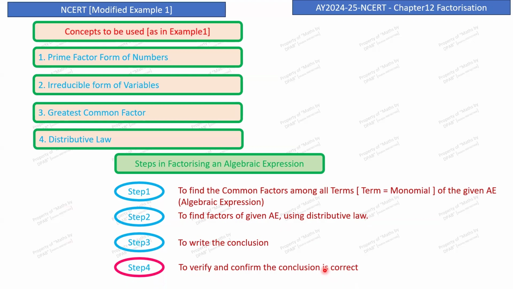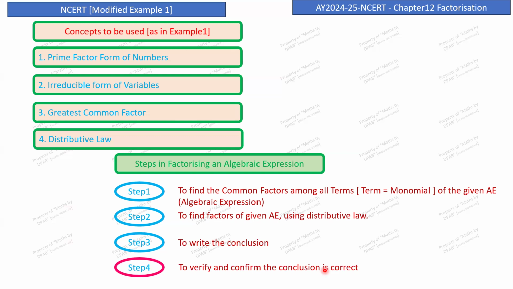Because after you write the exam, no one is going to sit with you within 5 minutes or within 1 hour to tell you whether the step by step you wrote is correct or not, to go and change the error and make it all right so that you get 100% marks.